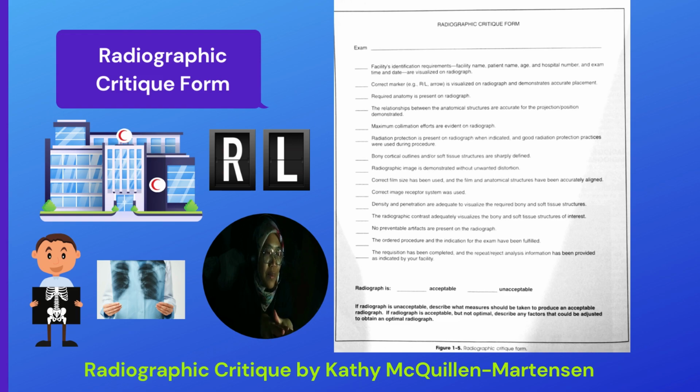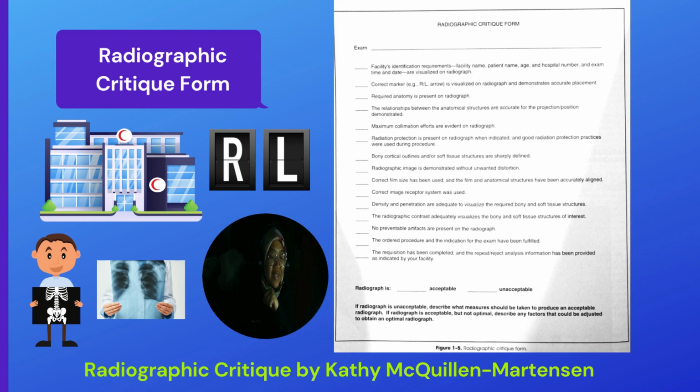In the book, there is a critique form you can use to start a clinical audit. This is the idea whether you can take one positioning and do a clinical audit about it, and then you can see whether you can accept the image or you can reject the image. This is the criteria highlighted by Katie McQuillan.